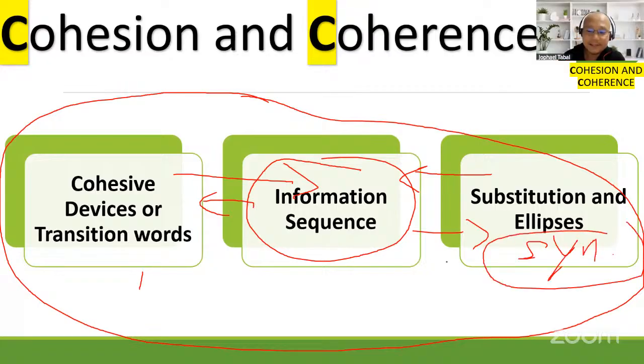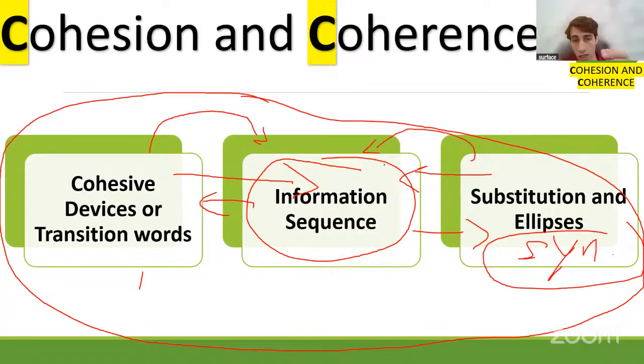Coherence and cohesive devices are also inside information sequence, but information sequence is not in any of those.